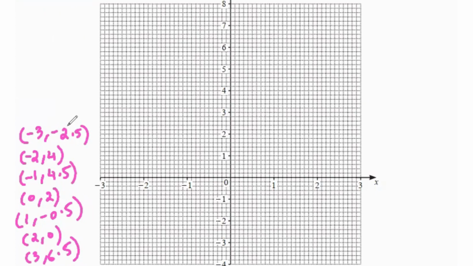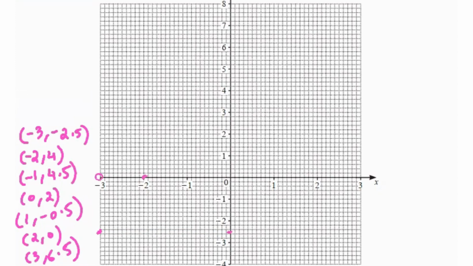-3 and -2.5. -3 is over here. -2.5 is here. So let's draw a line. This is the first point. Then -2 and 4.